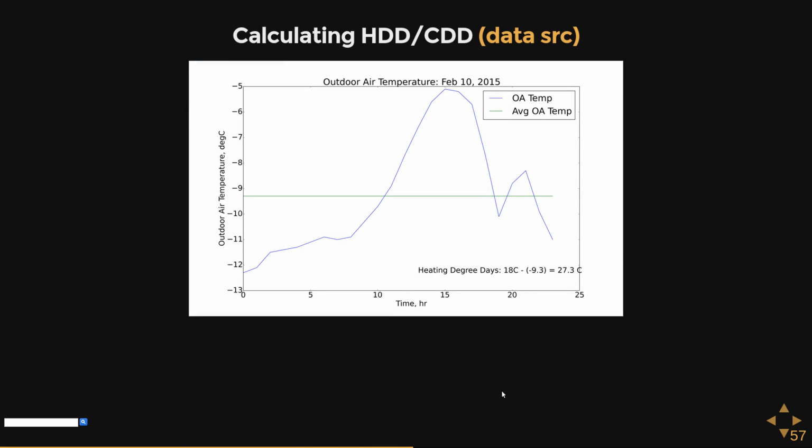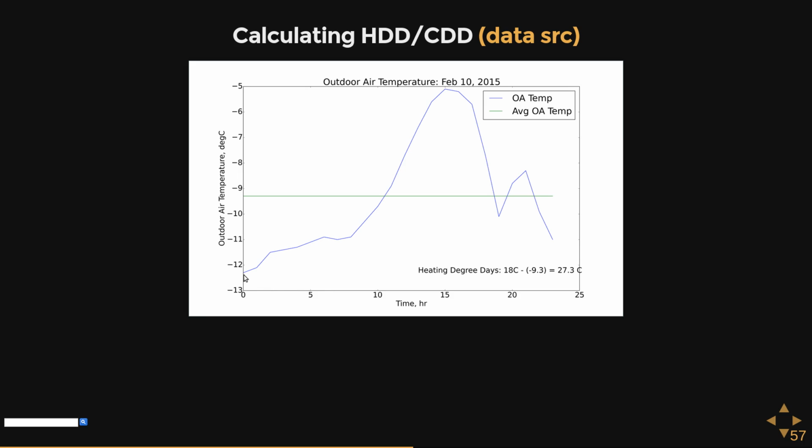So here's one of the coldest months in Ottawa history. This was February 2015. Going back about 50 years of records, this was the coldest February that we had ever seen. So this is just a quick overview of the temperature profile for one of the warmest days during February.